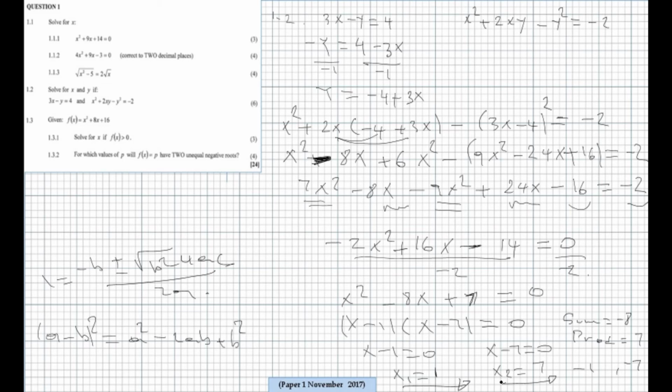So I haven't yet finished because this is a simultaneous equation, so we need to determine not only the x but also the y.